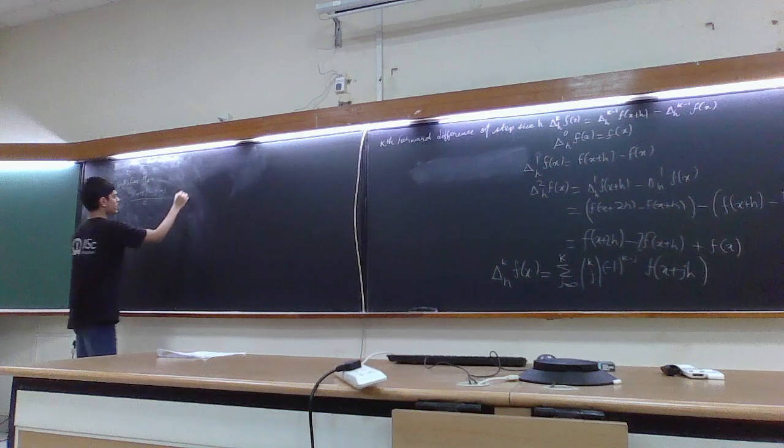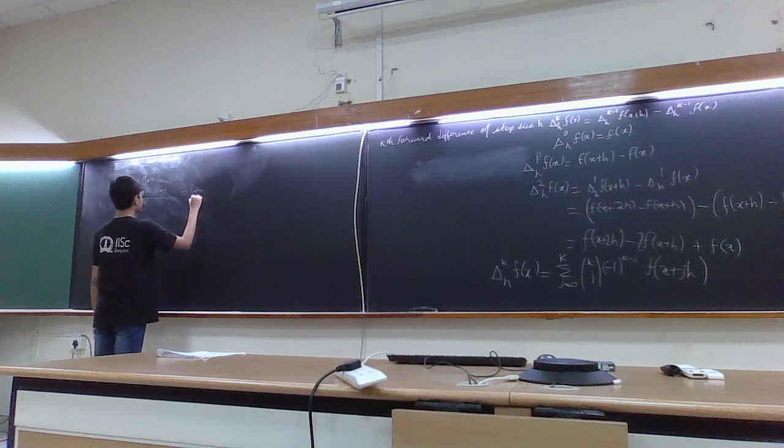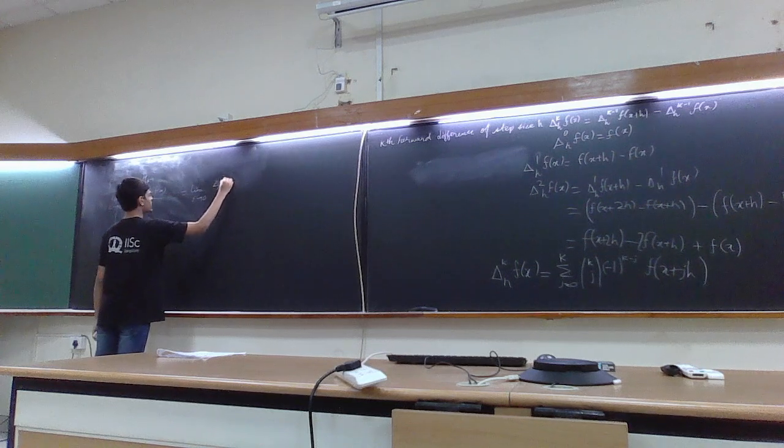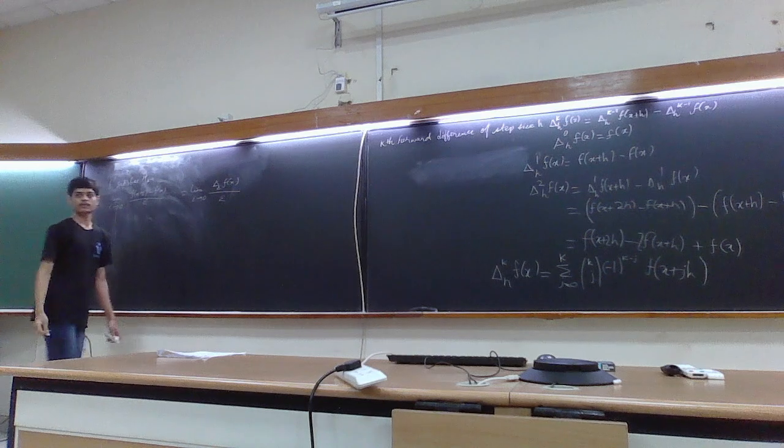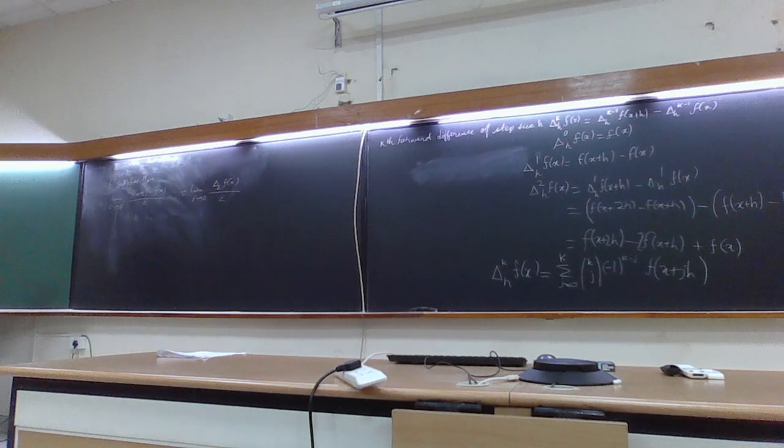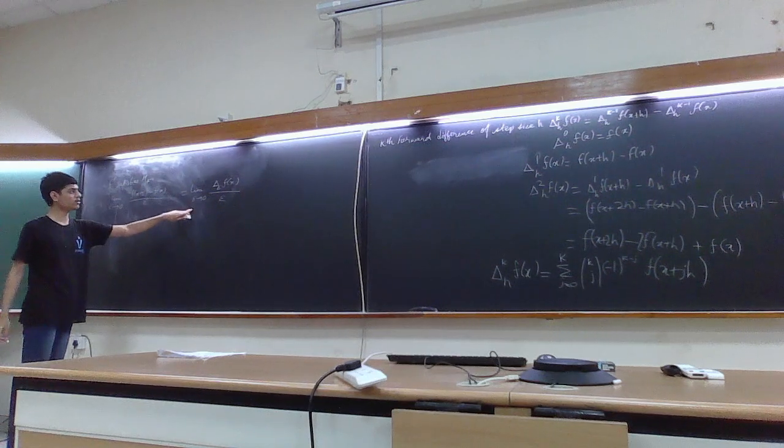And this can also be written as the limit as epsilon goes to 0 of delta epsilon f of x by epsilon. So we want to prove that the k minus 1th order forward differences for this function are non-negative.